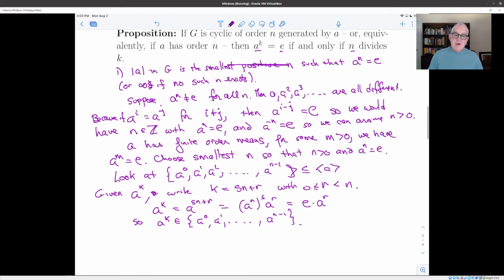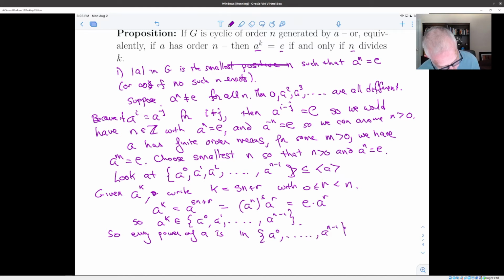So every power of A is in that set. So this is precisely the cyclic subgroup generated by A.